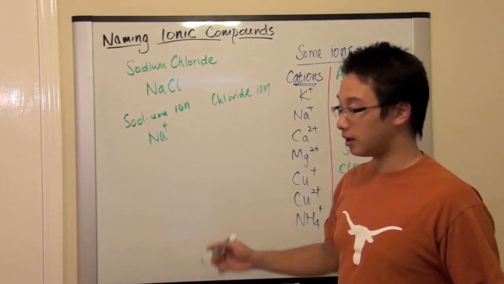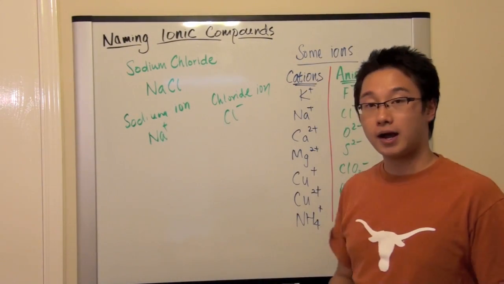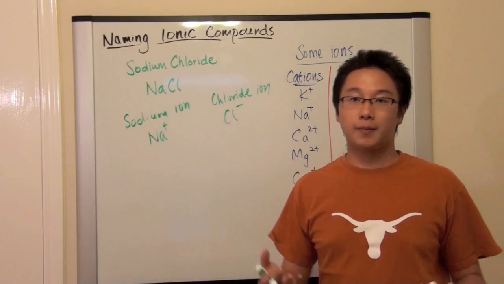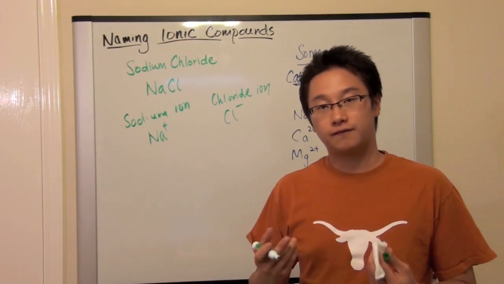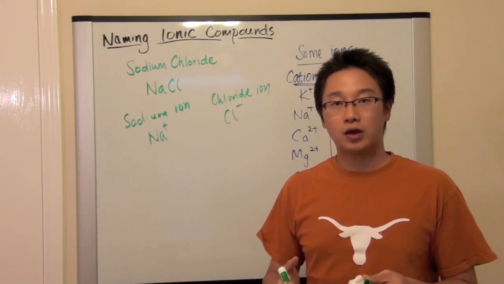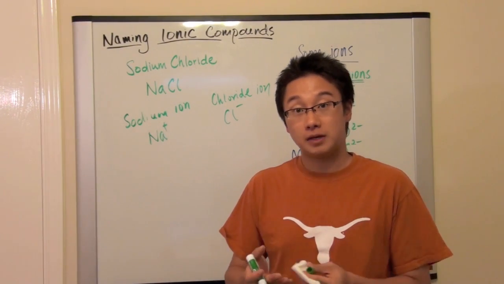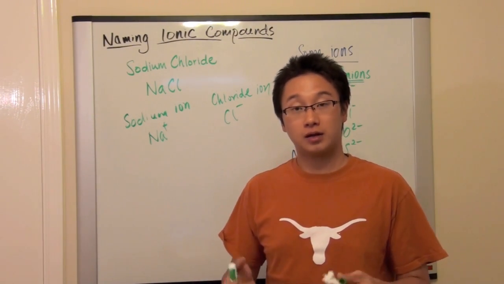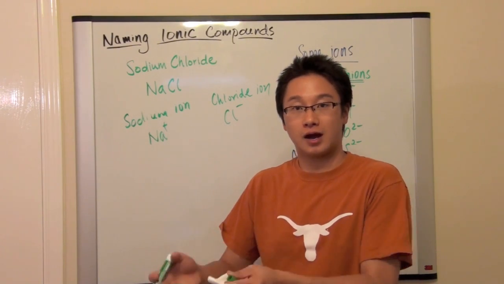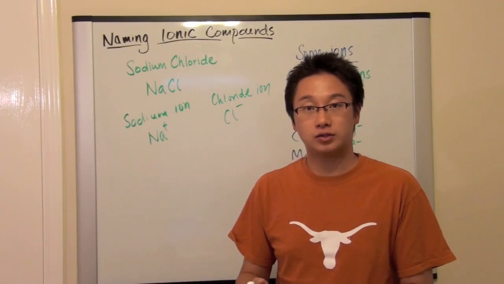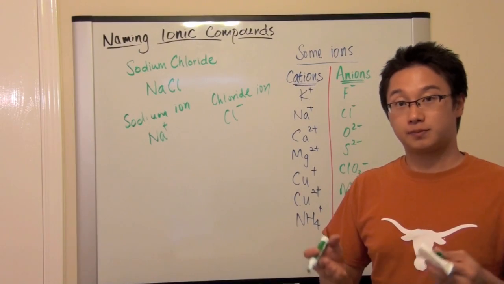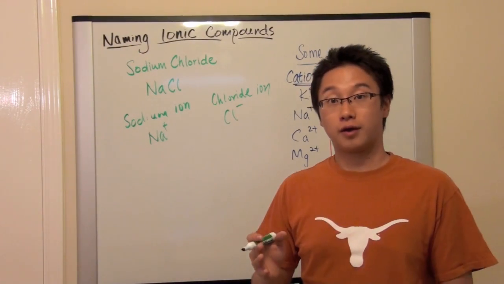Sodium ion and chloride ion. Now, when ions come together, they will form a compound, and the compound must be neutral. So the charge must be neutral for the overall compound.